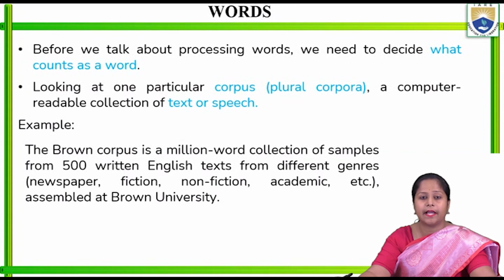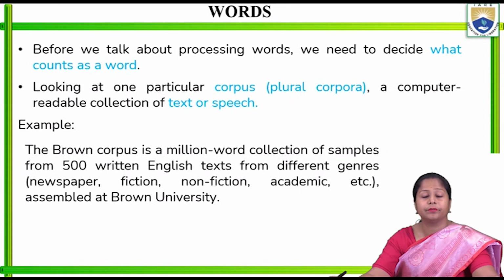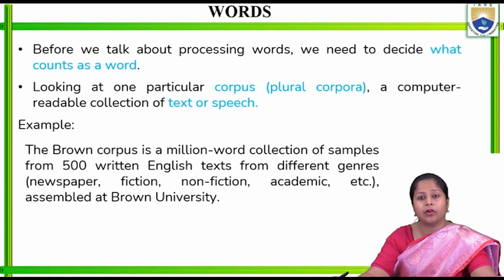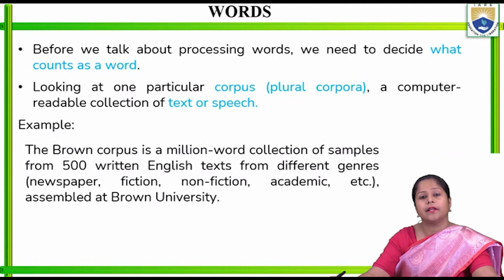The documents are kept in categories, such as newspaper, fiction, non-fiction, academic, etc. All of these are categories from the Brown corpus, which was developed by Brown University. Researchers developed the Brown corpus and pre-assembled it in the NLTK library, the Natural Language Toolkit.